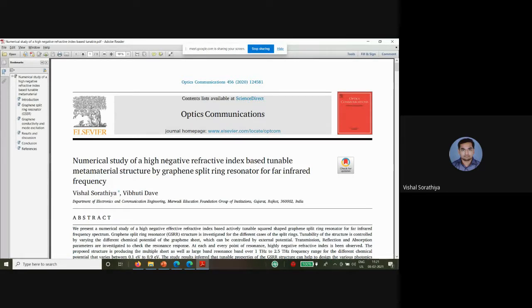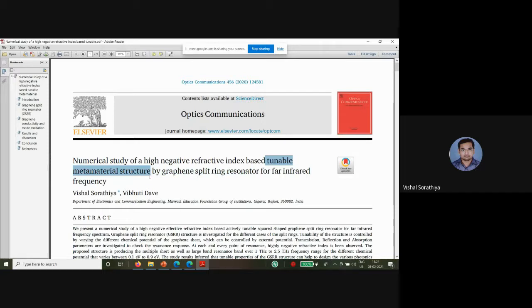By looking at this, you can get the idea that it is a numerical study, so there are some mathematical calculations about a negative refractive index, and the calculation has been done on a tunable metamaterial structure.